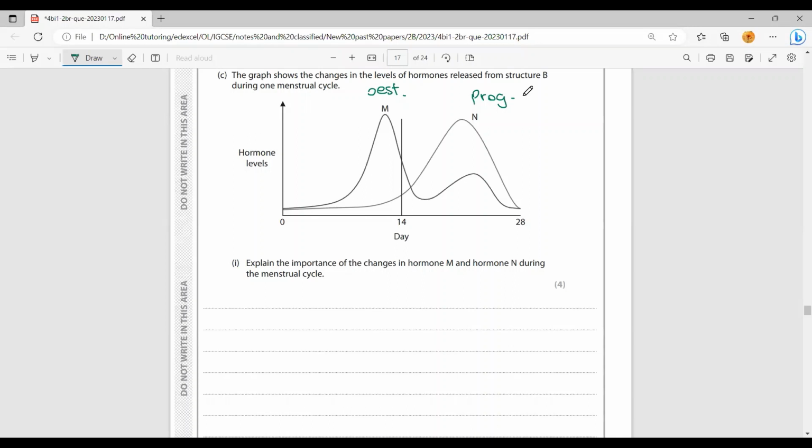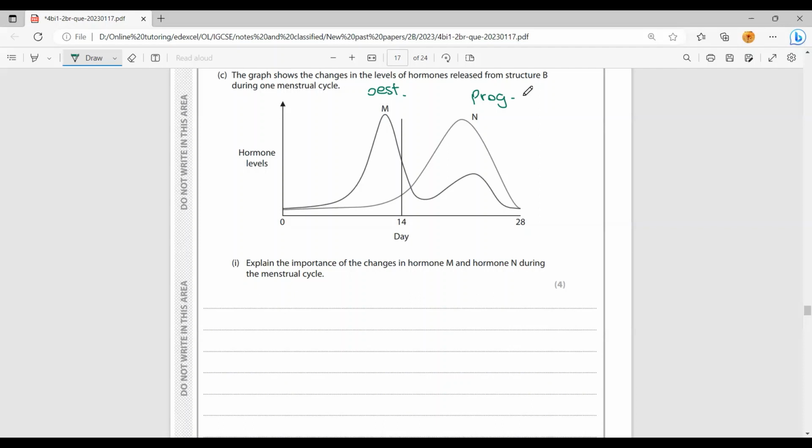M builds up the uterus lining so that the egg can be released. N maintains the uterus lining across the months so that if pregnancy happens, it will help the embryo.